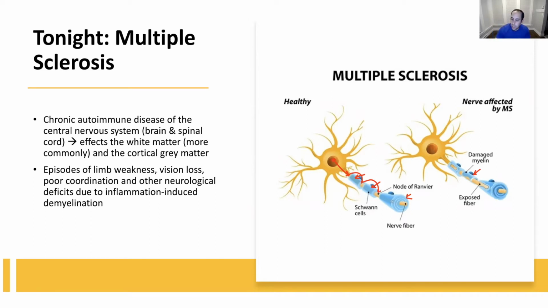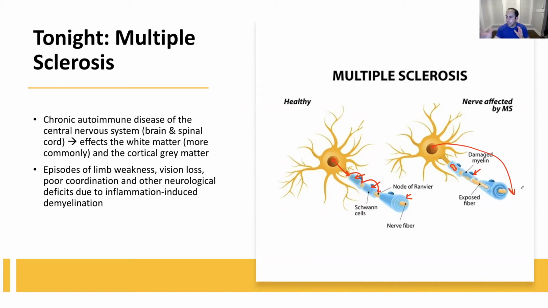And the insulation is called myelin. But with MS, you start to see these holes within the myelin, and now the neuron is no longer insulated properly. So that starts to affect the way the message can be transmitted from the body of the neuron all the way down.